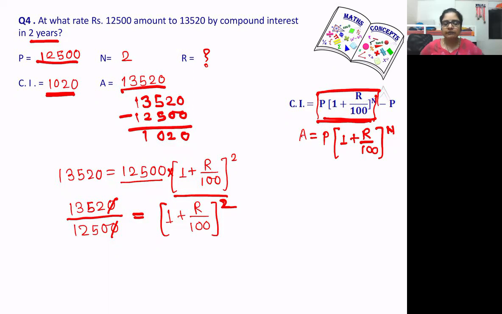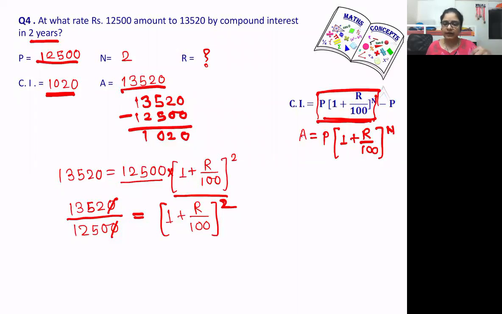If numbers are ending with 2, 3, 7, 8, those are not square numbers. So this is not a square number. Even this 12,500 is not a square number, because if a number is ending with 0, the zeros have to be in pairs. It should have 2 zeros or 4 zeros or 6 zeros. So both numbers are not square numbers.